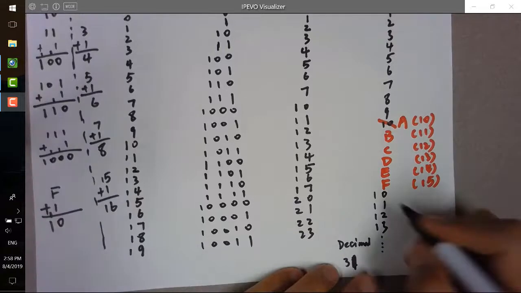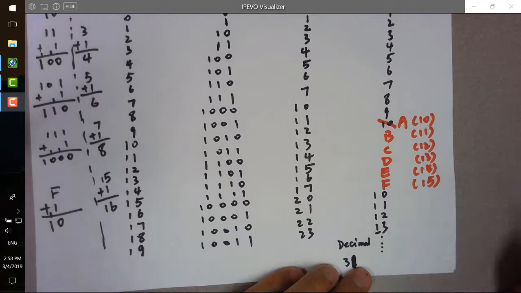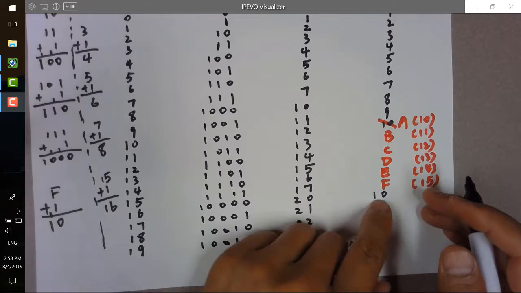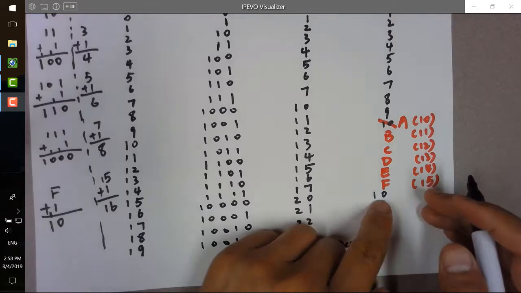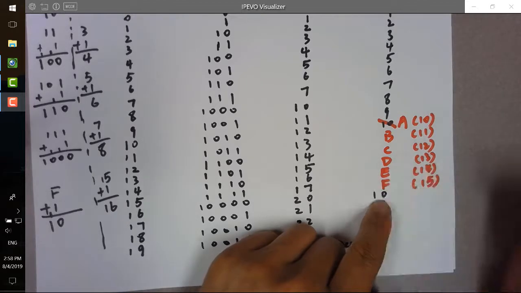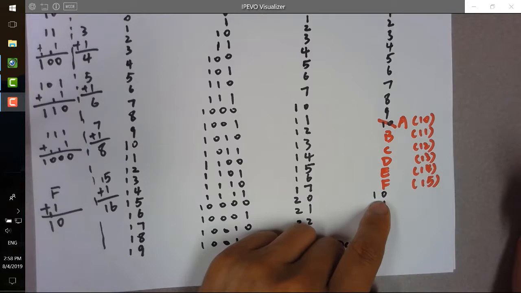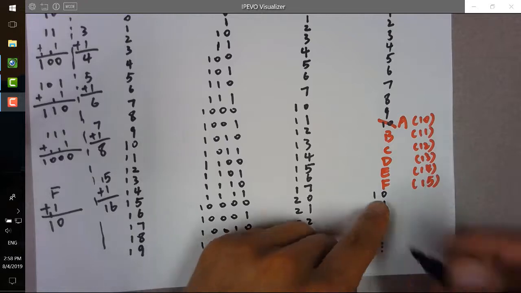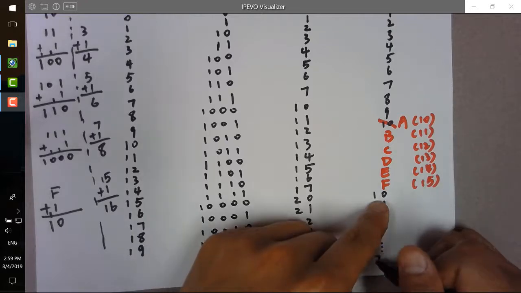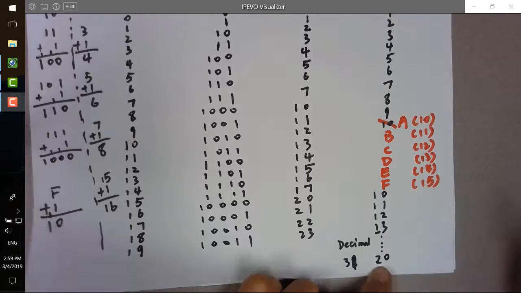For 31, if you have a 1 here, this is number 16, right? So what about if you have a 2 here? That will be 16 plus 16, right? So if you have 2 0 in hex, it's going to be 32.